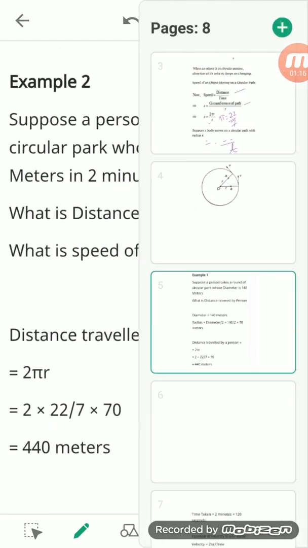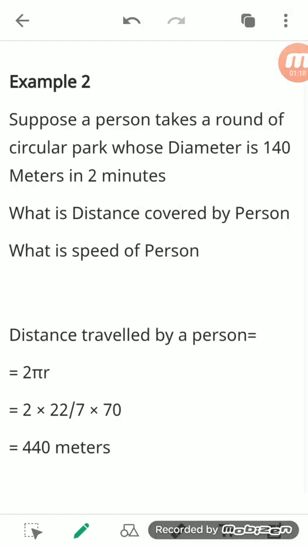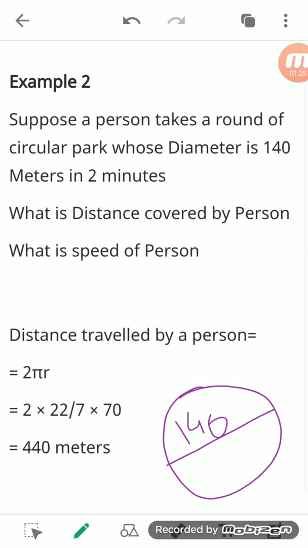Again, one more example. Suppose a person takes a round of a circular park and the diameter of the park is again 140 meters, in 2 minutes. So time is also given here. We have to find the distance covered by the person and the speed of the person.